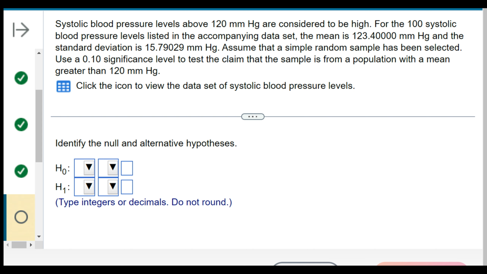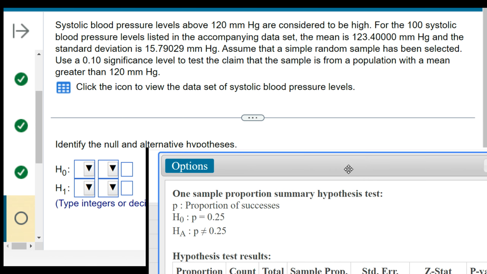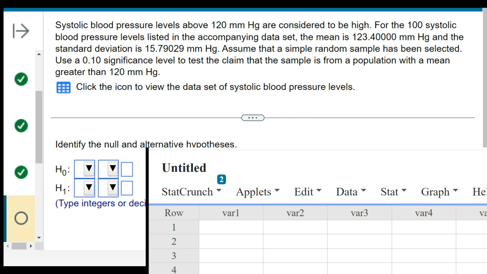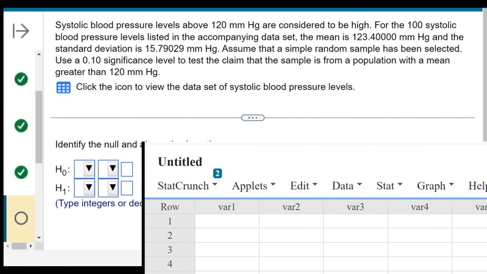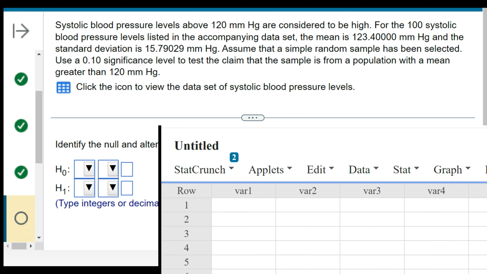Question 6. Now we move on to a different kind of hypothesis testing. It has all the same hallmarks as what we just did, but it's hypothesis testing about a mean. I mean, look at this question.